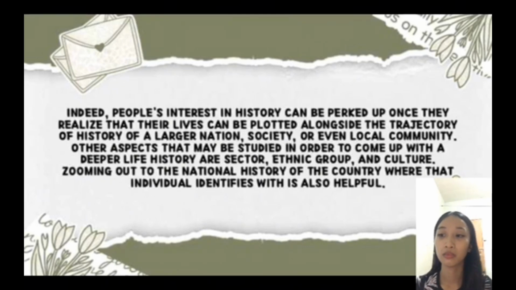It suggests that people become more interested in history when they realize how their own lives connect to larger historical trends. Additionally, it encourages exploring various aspects of an individual's life, such as their culture, background, social class, and geographical location, to gain a more comprehensive perspective.